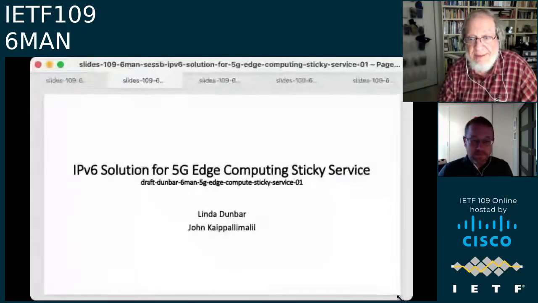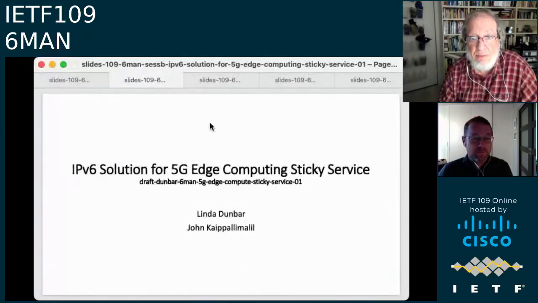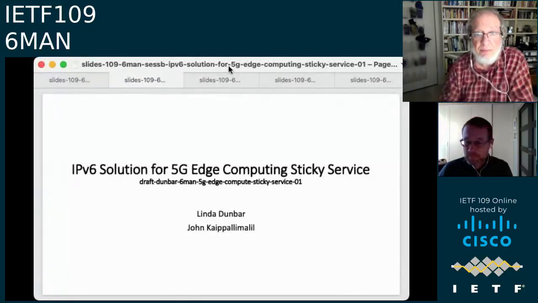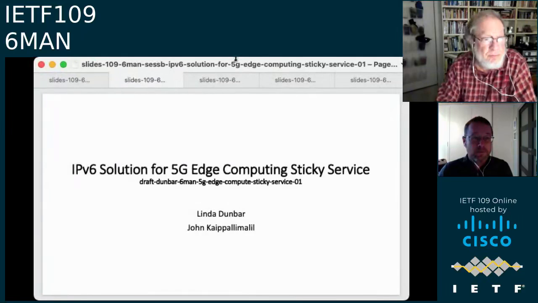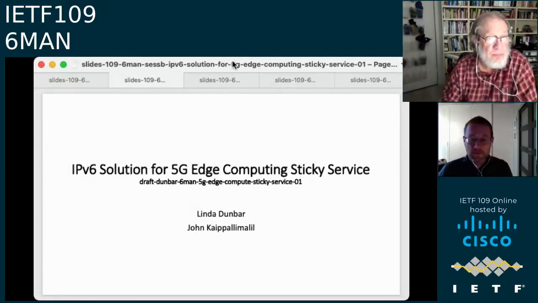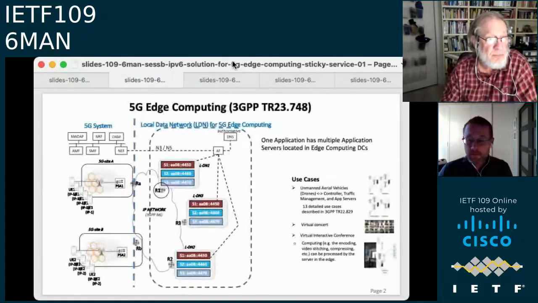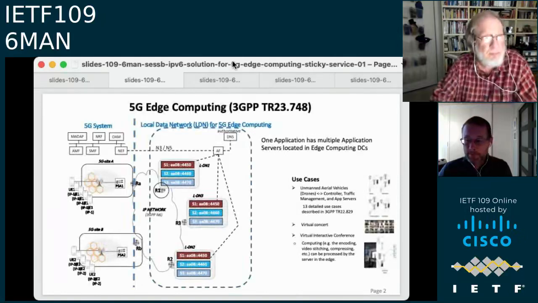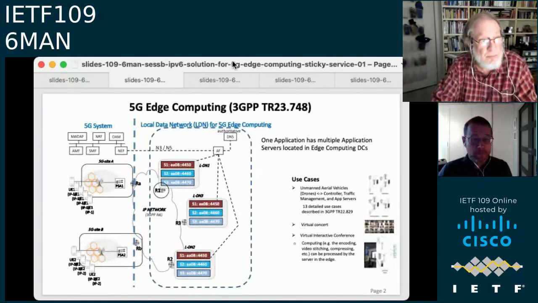So here I'm going to talk about an IPv6 based solution for the 5G edge computing sticky service. Next page, please. So a little bit of background. 5G edge computing is a project in 3GPP SA2 under the project 23748.